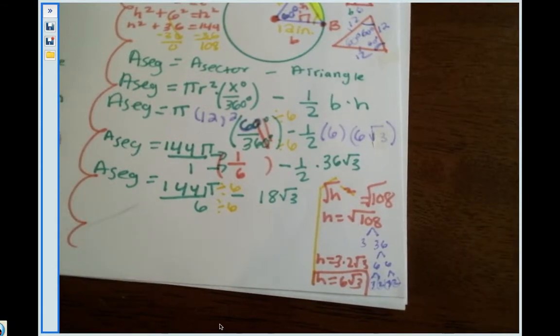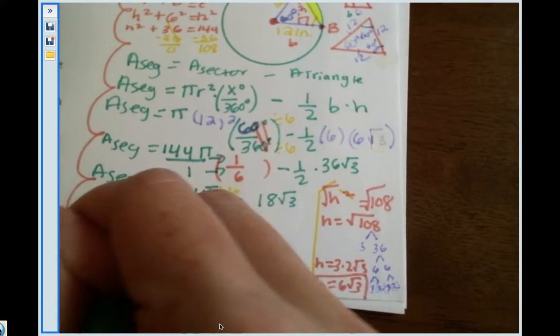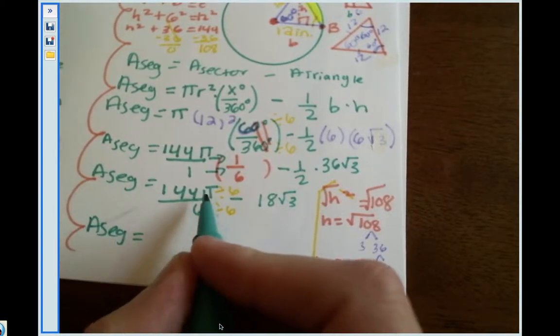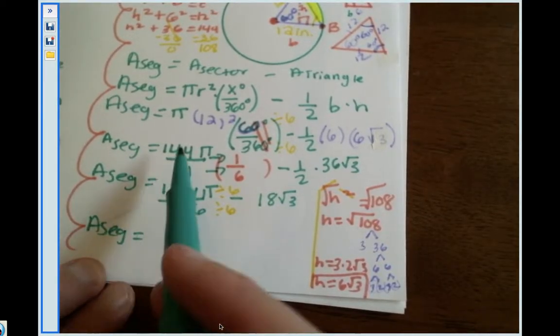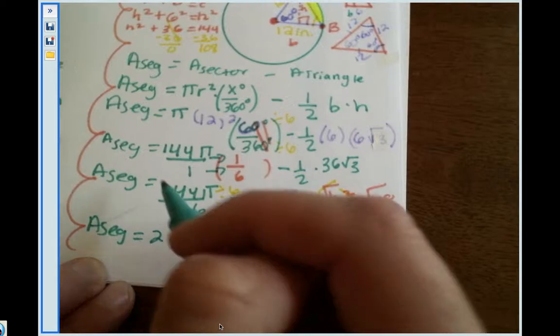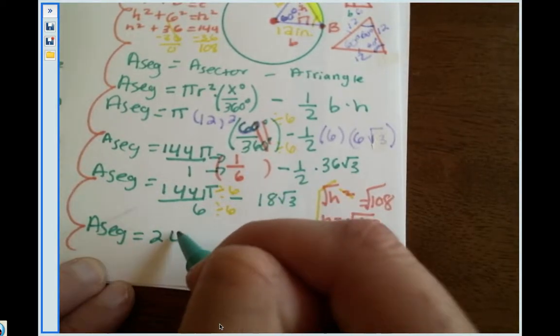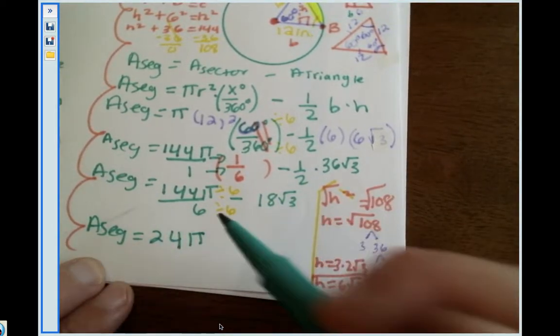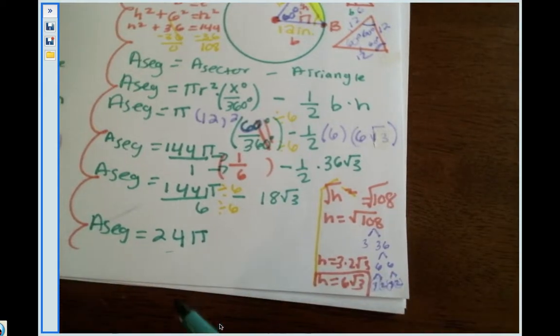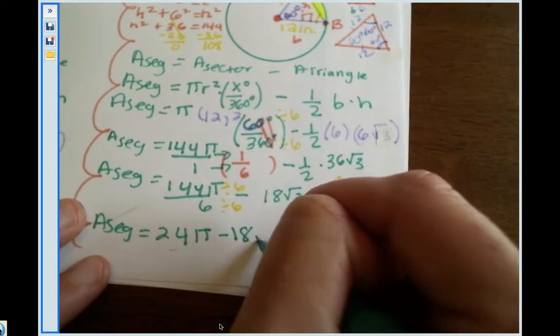So the area of the segment will equal 144 divided by 6. Well, that will be 24. So this is 24 pi. 6 divided by 6 is 1. So I can write 24 pi over 1, but that's the same thing as 24 pi, right? And then minus 18 root 3.